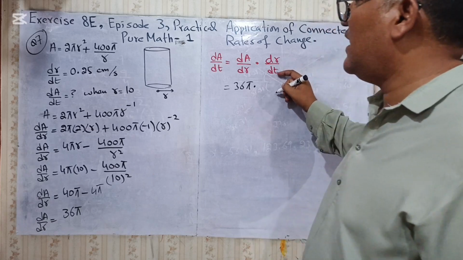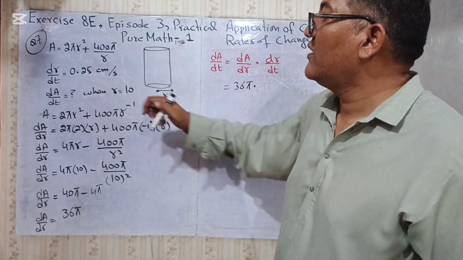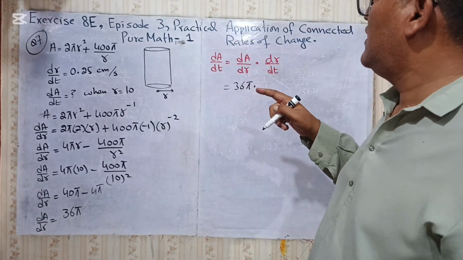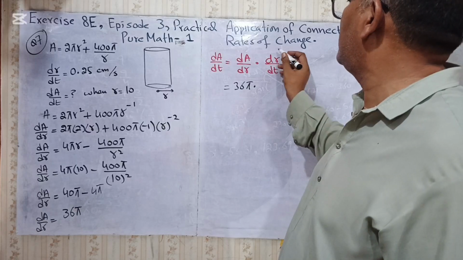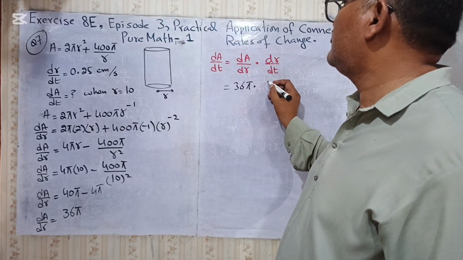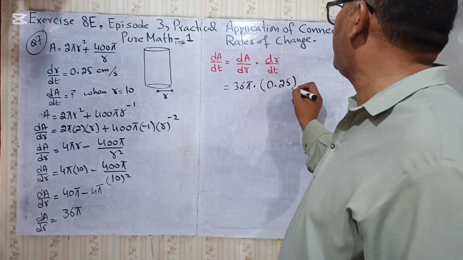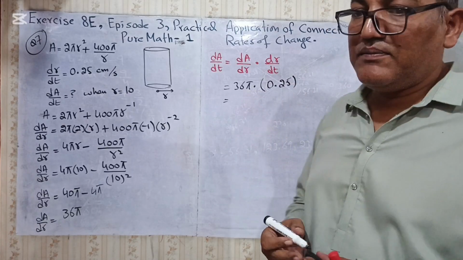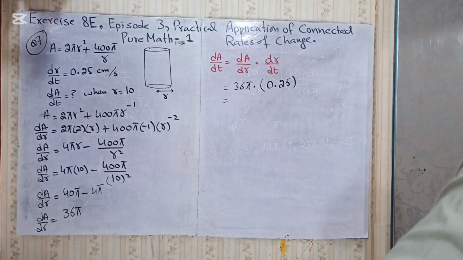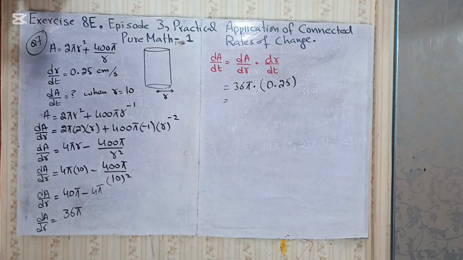The value of dr by dt is given, that is 0.25. So I will multiply 36 with 0.25.